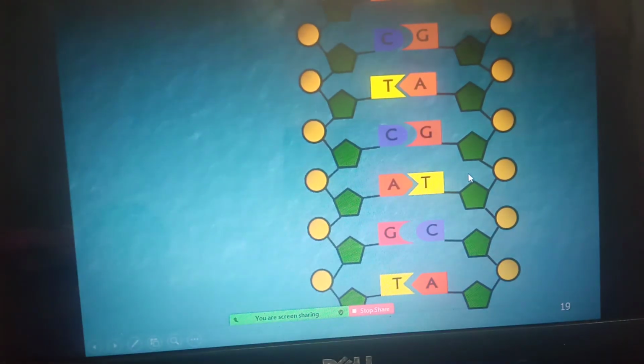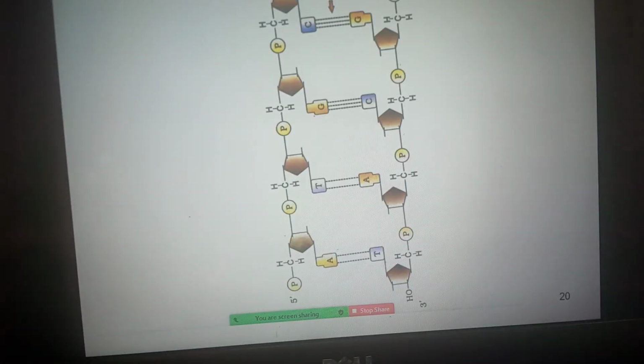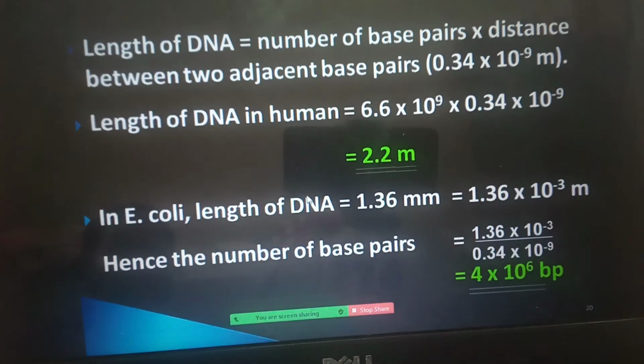This is how they get linked. Now this is the structure of a DNA. The distance between the two phosphates tells about the diameter of the DNA, which seems to be 20 Angstrom. The pentose sugar with the nitrogen base, that link is said to be an N-glycosidic bond. And here the sugar with the phosphate is a phosphodiester bond.